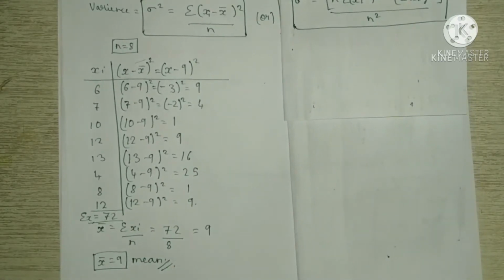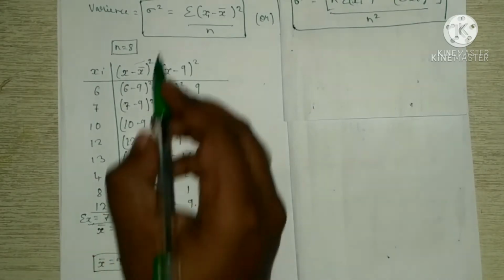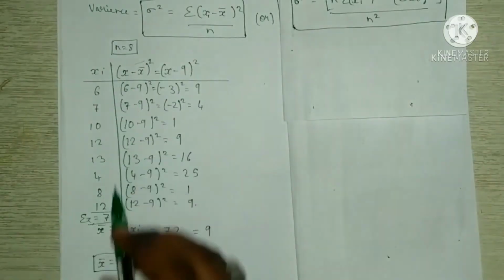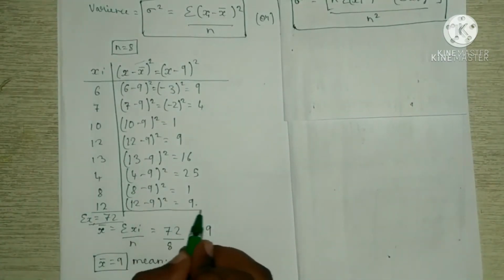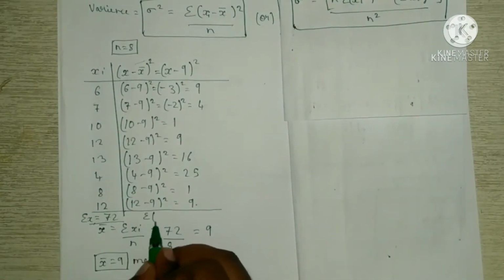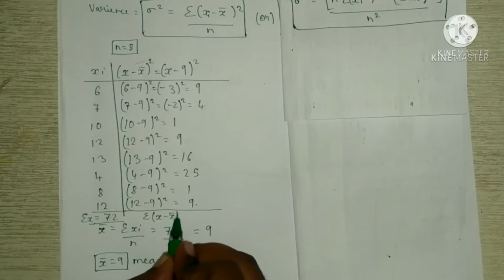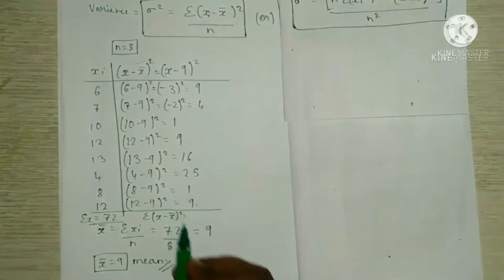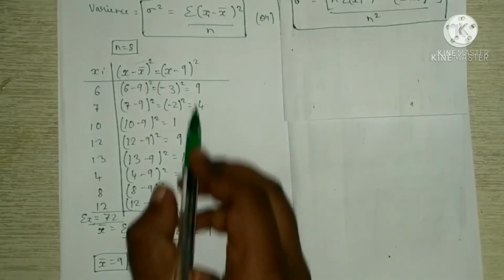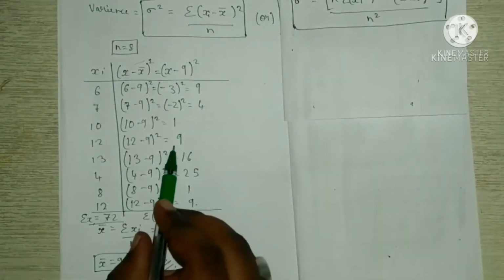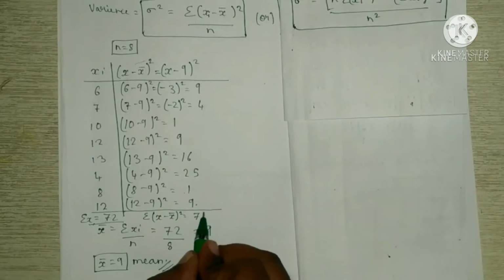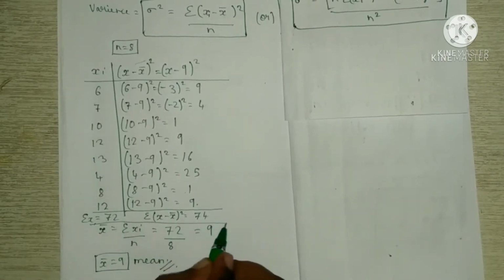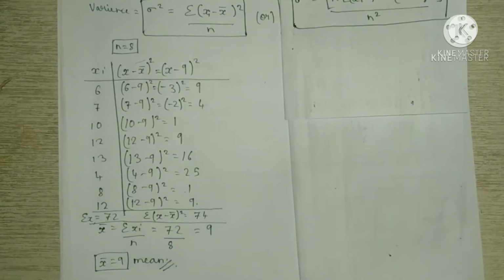Now to find the variance, you need the summation of (x minus x bar) whole square. Add everything: 9 plus 4 plus 1 plus 9 plus 16 plus 25 plus 1 plus 9, you will get 74.